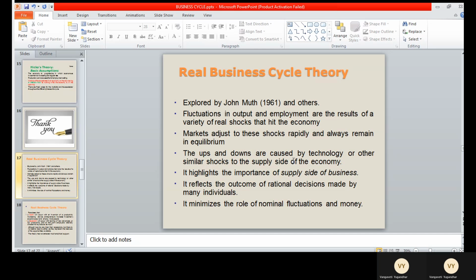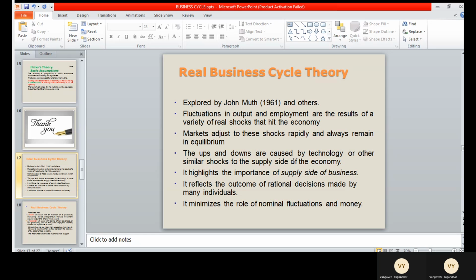Markets adjust to these shocks rapidly and always remain in equilibrium. The ups and downs are caused by technology or other similar shocks to the supply side of the economy. That means the real business cycle theory highlights the importance of the supply side of business.